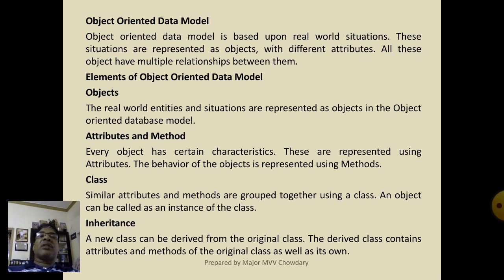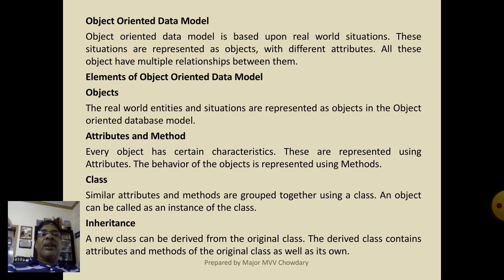All these objects have multiple relationships between them. What is an object? Actually, an object is an instance of a class. The real world entities and situations are represented as objects in the object oriented data model.